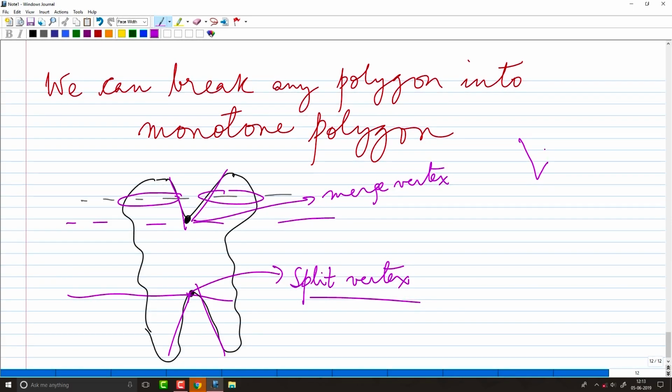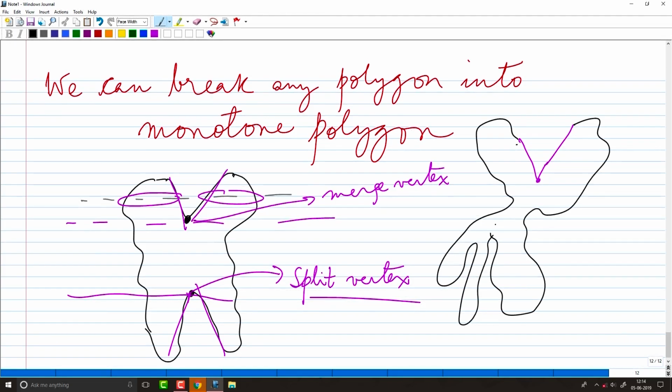So, the idea would be something like this. Let me show you for a merge vertex. Now, if there is a merge vertex, then your polygon would be something like this.